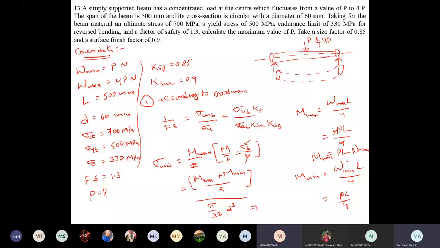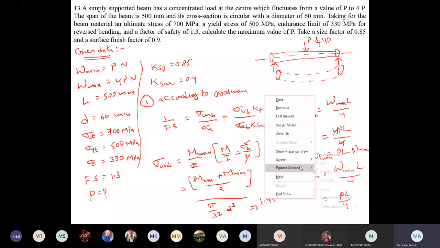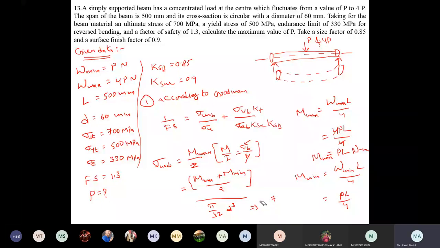Sigma mean bending is 14.7 into 10 power minus 3, better written as 0.0147 P Newton per mm square or megapascal. This much of sigma B you got.